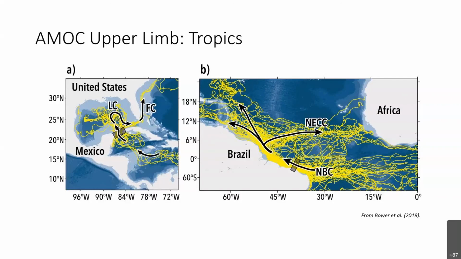But the main point I wanted to make here is the contributions to the North Brazil Current box comes from the South Equatorial Current and shows this zonal path across the Atlantic, or part of the Atlantic anyway, to join up with the North Brazil Current.